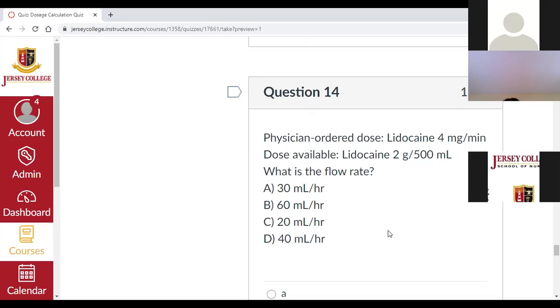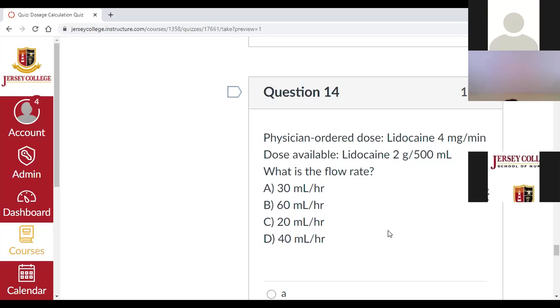70 times 60. No, not 70. Oh yeah, we're in number 14. It'd be 4 times 60, right? 4 times 60. Okay, so 240 divided by 2,000.